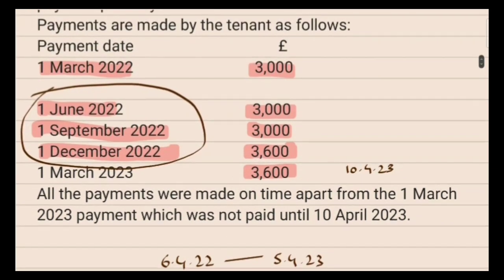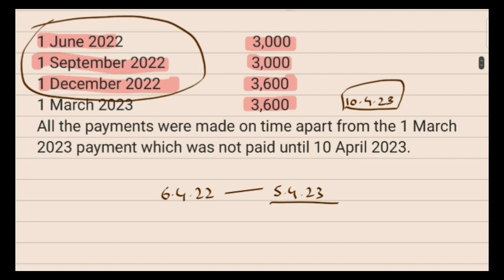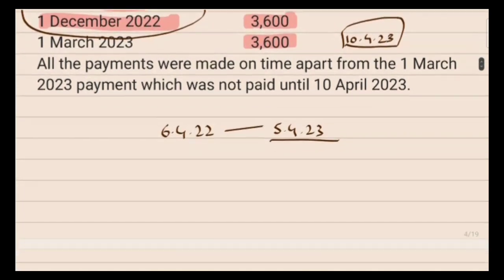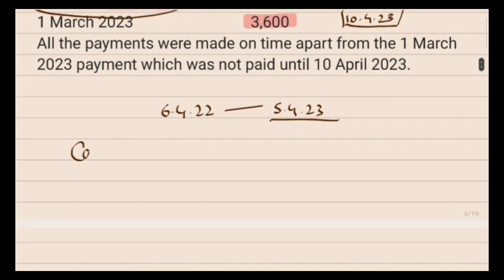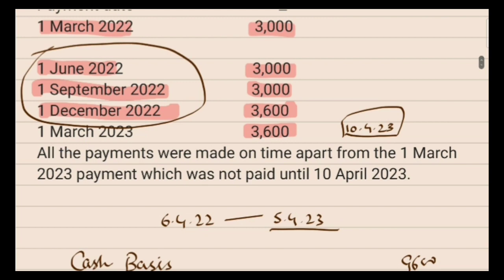The second payment, on 1st March, was made on 10th April 2023, which is after the 5th April 23 year ending date. So you have to consider these 3 payments, and the rent would be recorded on cash basis as 9,600. Right? So it would be recorded as 9,600.